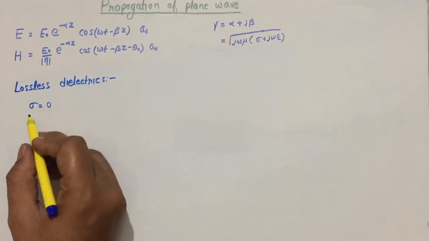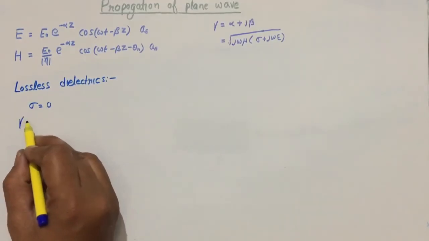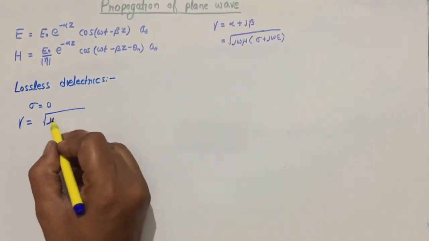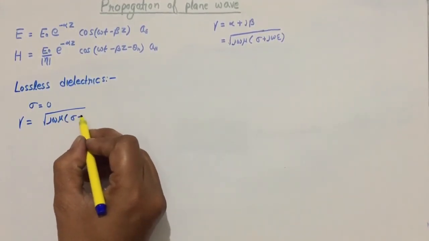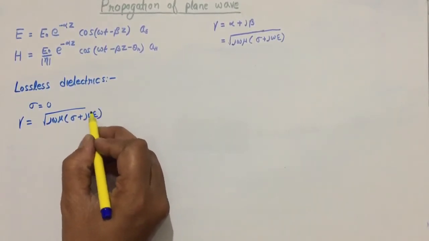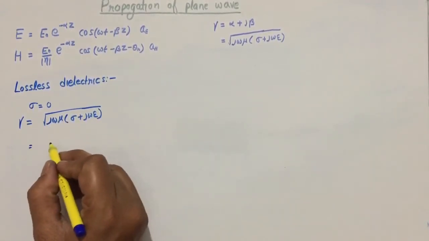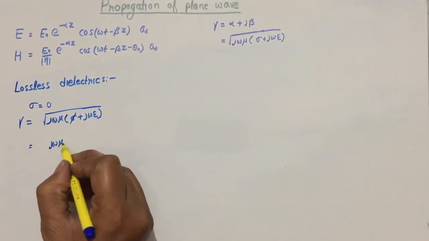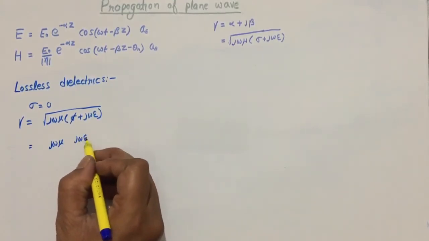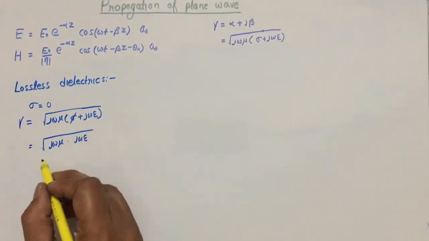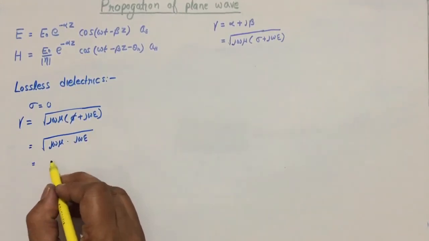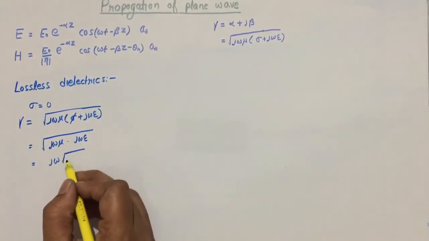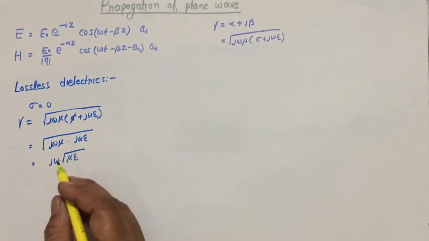So we will start with gamma, we have that is square root of j omega mu times sigma plus j omega epsilon, and that can be further written as, keeping sigma 0, we can write j omega mu times j omega epsilon, and further j will be out, omega will be out, the inside parameter will be mu epsilon.